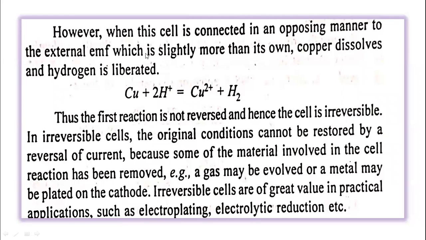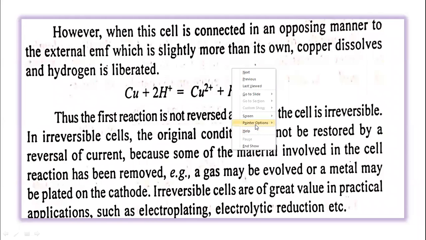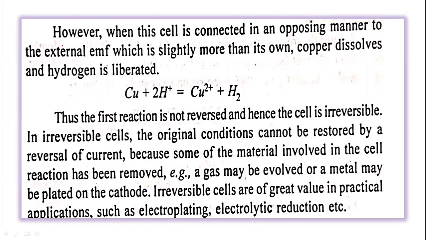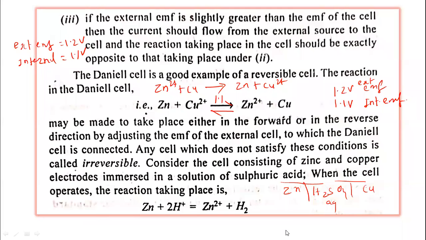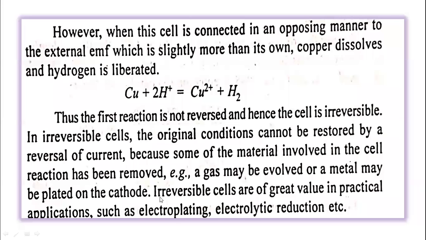The reverse reaction is a different reaction, not like this one. The reverse reaction will be this: Zn2+ reacts with hydrogen gas, formation of this. Actually, this reaction does not take place. So hence, this cell is an irreversible cell.